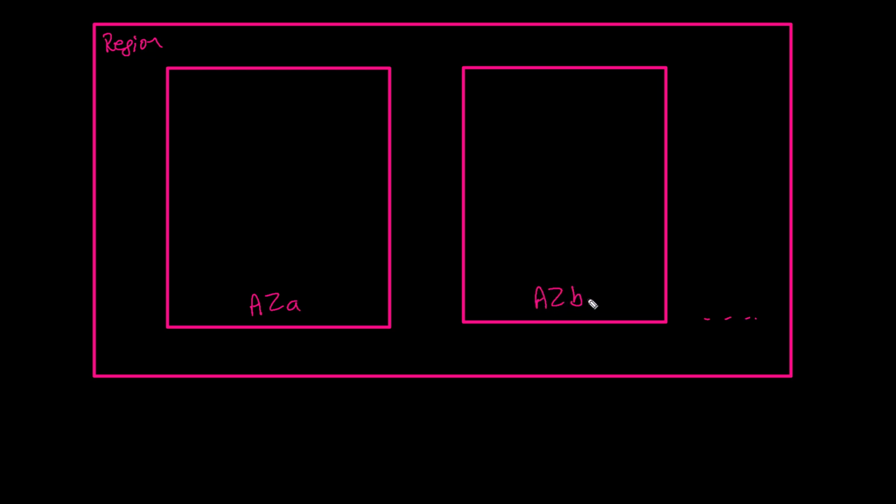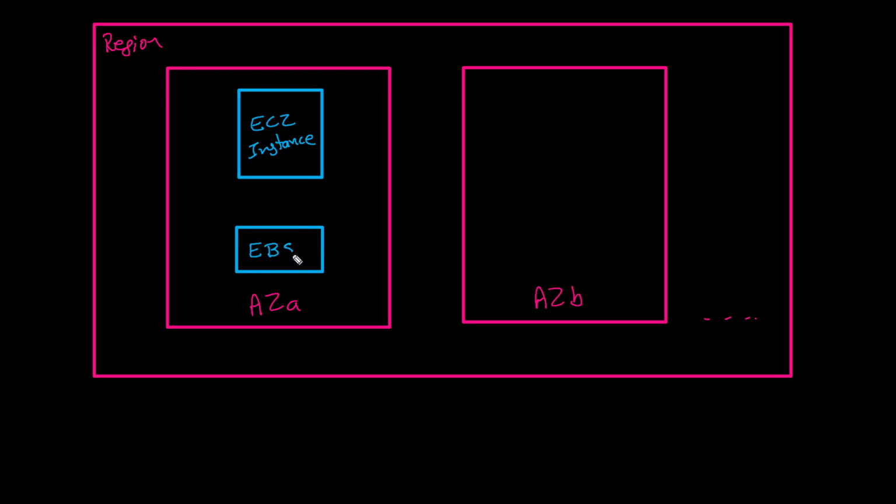If you remember, our EC2 instances will be launched within an availability zone. So this is where, let's say, I launched one of the EC2 instances. Now, a requirement for it to have an EBS volume is that that volume should also be coming from the same availability zone. I could create an EBS volume here, and this can be attached to an EC2 instance.